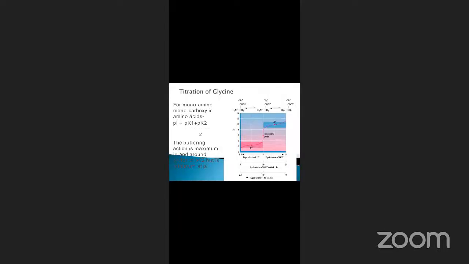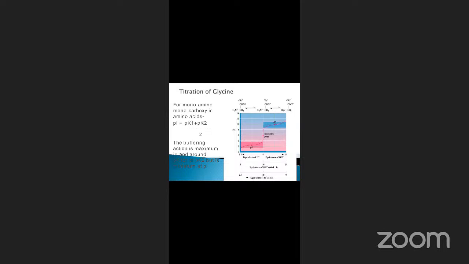So the same thing is explained here. How we calculate the isoelectric point: we already have a standard chart of isoelectric points for all the 20 standard amino acids. But we should know, suppose we have discovered some new amino acid, then we have to do all these things.